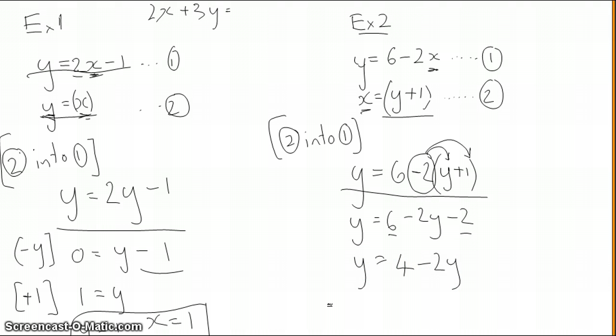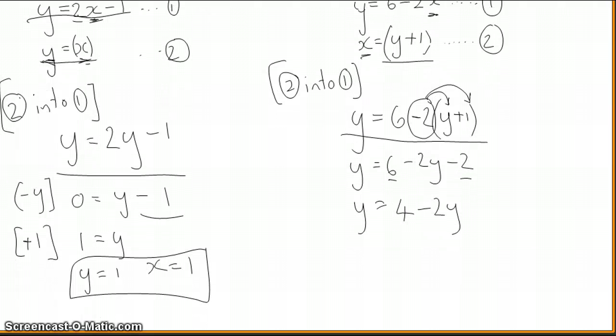Now where are there more y's? On the left hand side or the right hand side? They're actually more on the left. There's negative 2 on the right and positive 1 on the left. Therefore, collect where there's more. So in other words, I'm going to add 2y to both sides because I want to undo that.